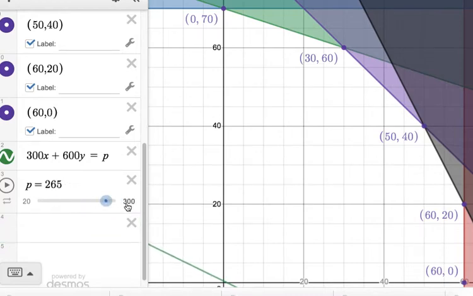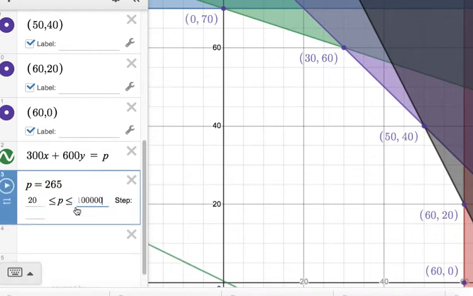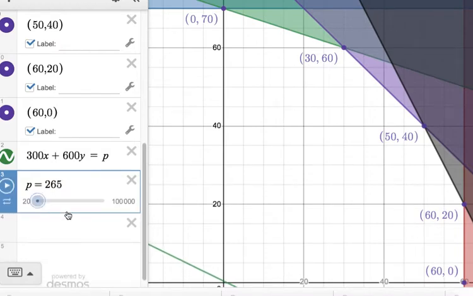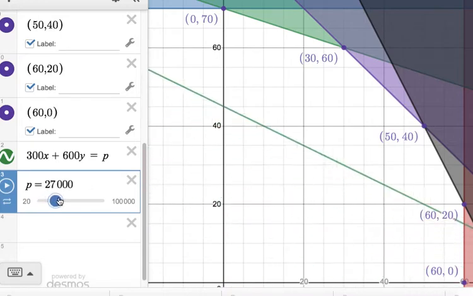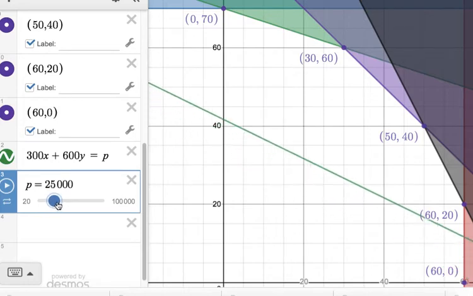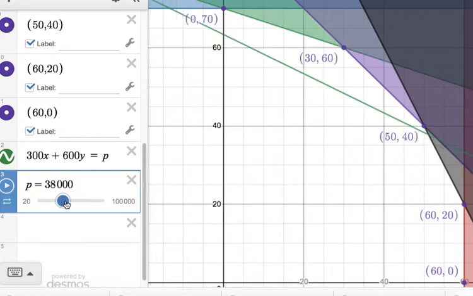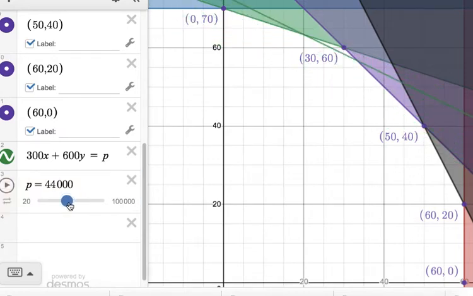So I had to change that number to 10,000 or 100,000, was it? And then when I move my slider, it moves up to where I want it to be. So we want the maximum profit to go and have the least white areas profit possible. So the maximum profit is going to be right at that point up there.